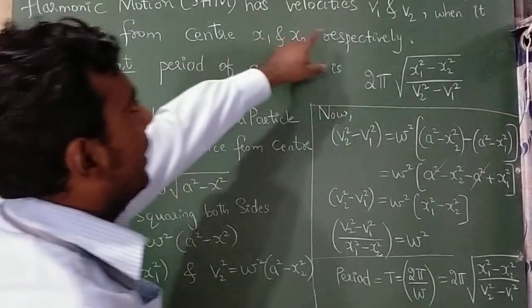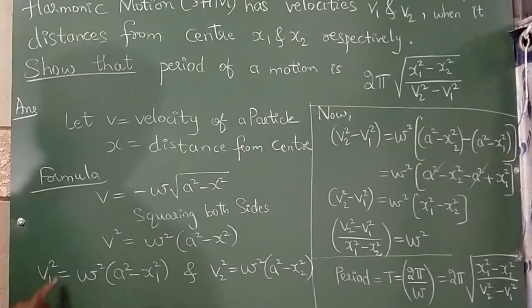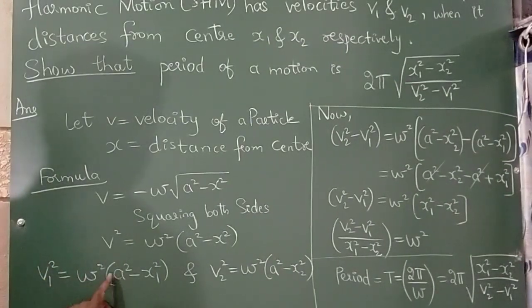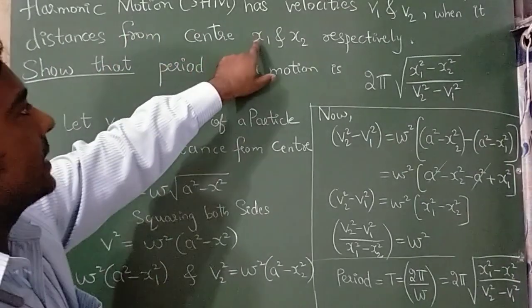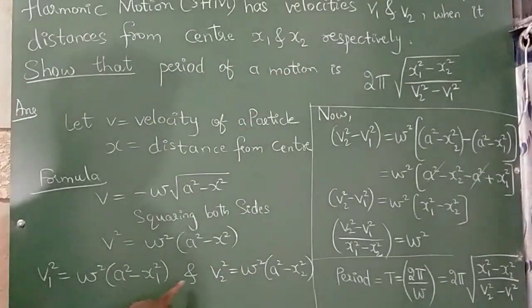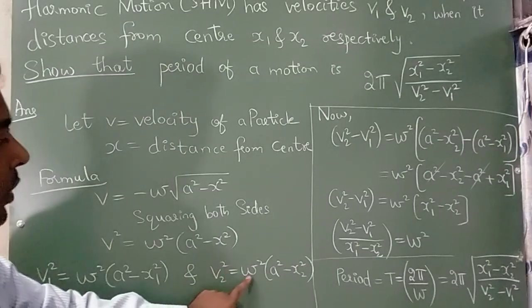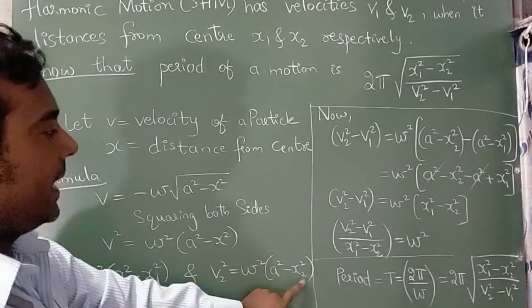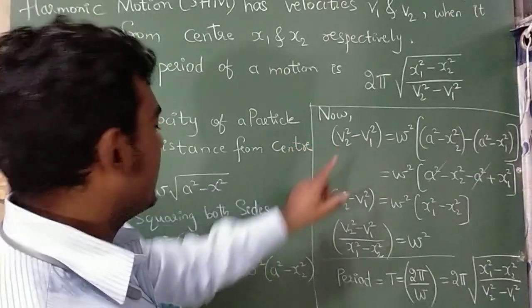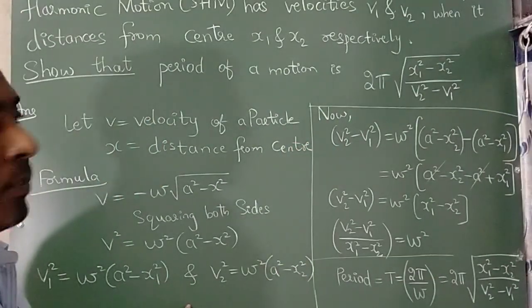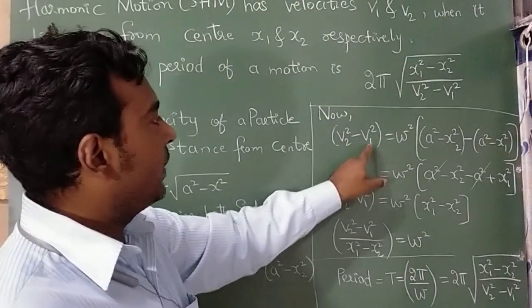Now since the velocities are v1 and v2, v1 square is equal to omega square into a square minus x1 square because distances are x1 and x2. Fine. And v2 square is equal to omega square into a square minus x2 square. Now what I am going to do is subtract these two, v2 square minus v1 square.